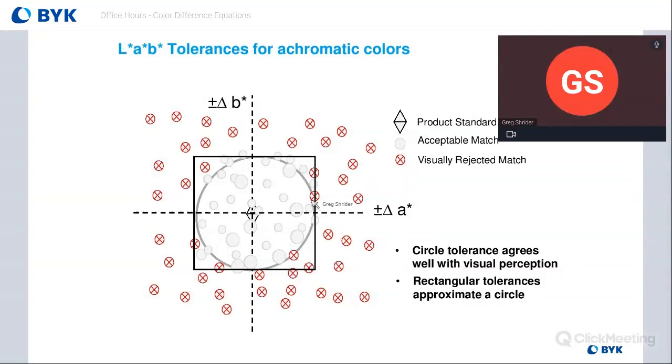What the circle or the sphere represents in color space is what we actually typically visually accept. And again, since we're talking about a neutral color, the box tolerance and the circle or sphere tolerance would be very, very similar.